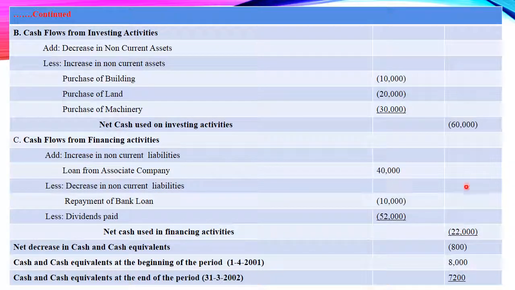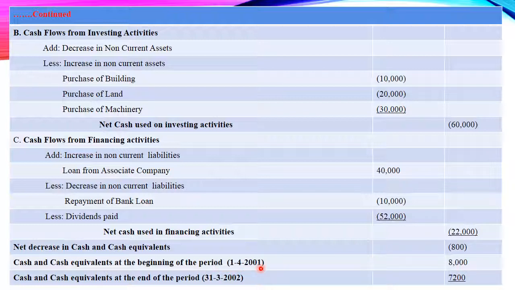When you get the totals here, we are getting negative 800, meaning we have a net decrease in cash and cash equivalents. Then you add cash and cash equivalents at the beginning of the period. Now, if you go back to the statement of financial position that we were given, the figure here, 8,000, is the amount as given on 1st of April 2001.